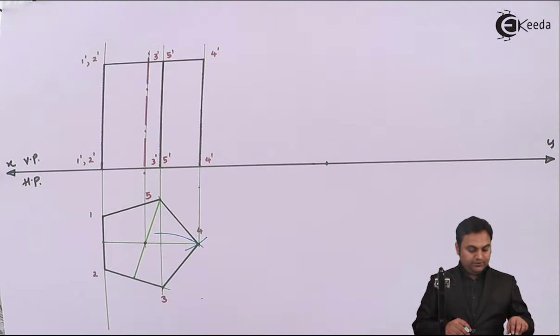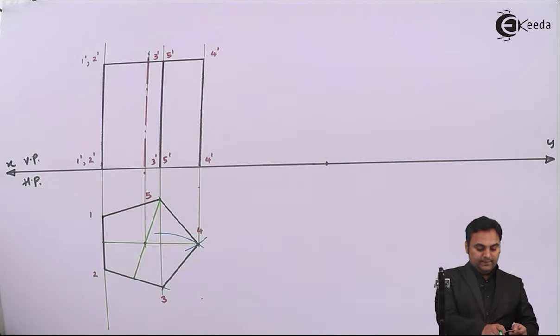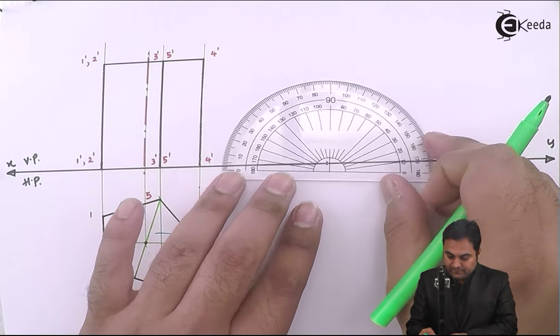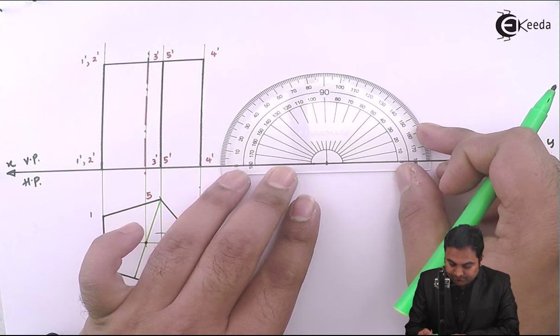Here I'll mark a point and take an angle of 50 degree.